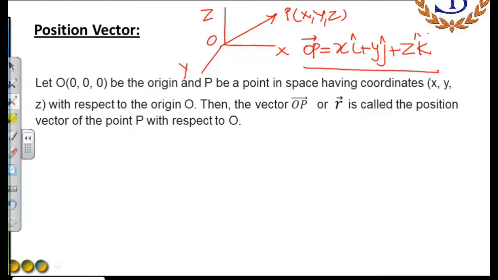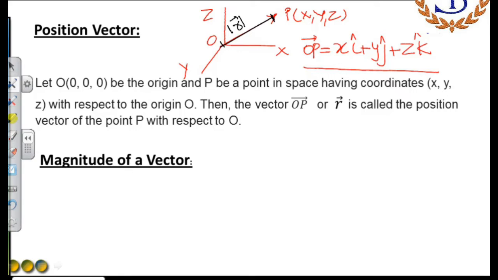Now, what is the magnitude of this OP vector? It's again a very simple thing. Just to find the magnitude, it means I want to find the length of this OP. For magnitude, we have to find out the length of this OP, and I can represent it, length meaning the magnitude, by putting two vertical lines around a vector.